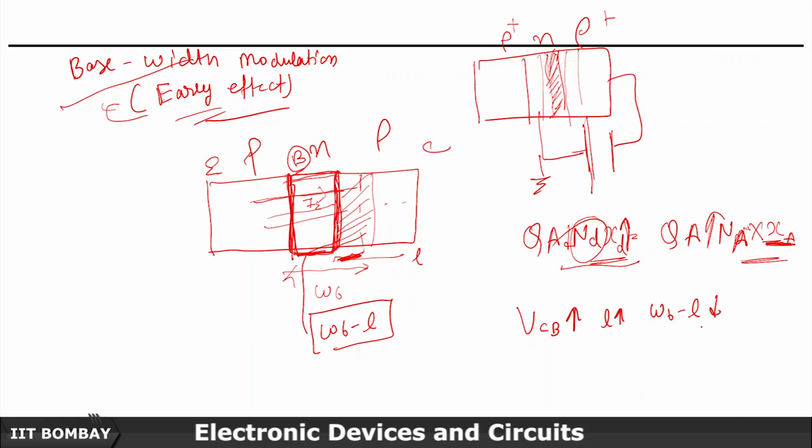If this is decreasing, then IC will increase, because the emitter current has less distance to travel, so most of the emitter current will be able to reach the collector. So IC will increase. That is why you see these characteristics: when you increase VCE, your IC current for different IB is increasing.